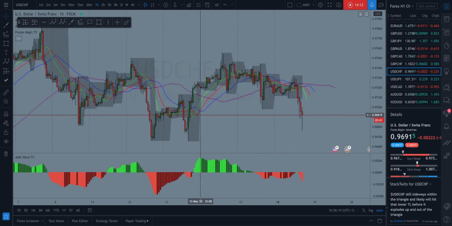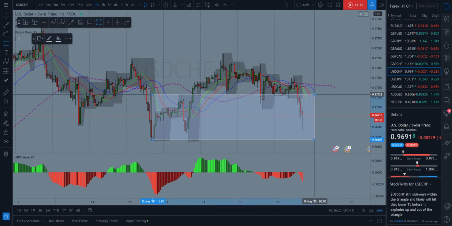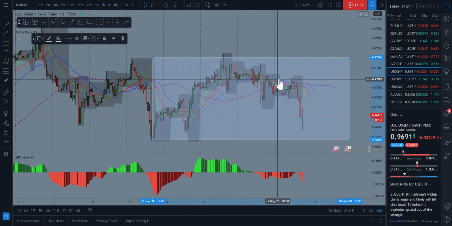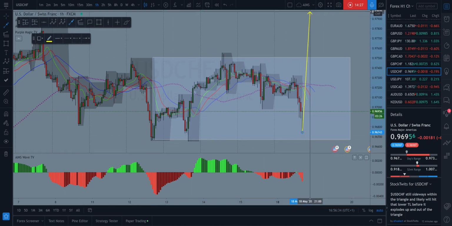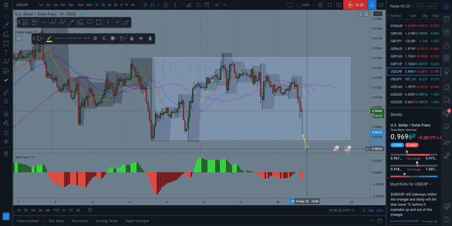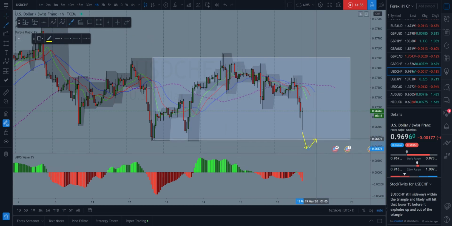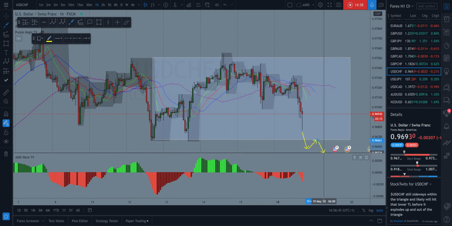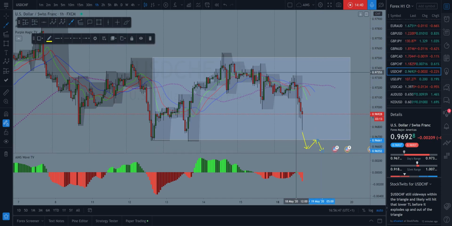Swizzy has broken out below, but it's a sideways market, huge range, all of this. I would want it to clear it and then come back and test it, clear, come back, retest, go down or go up.